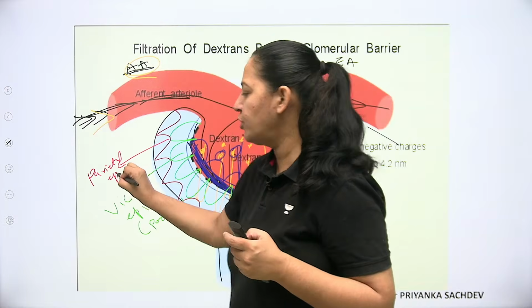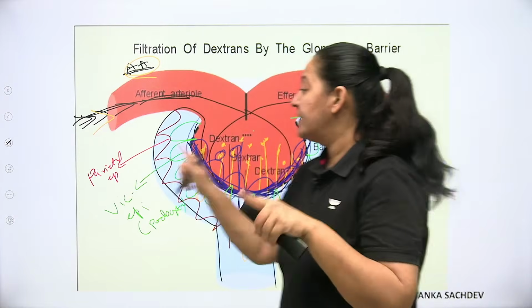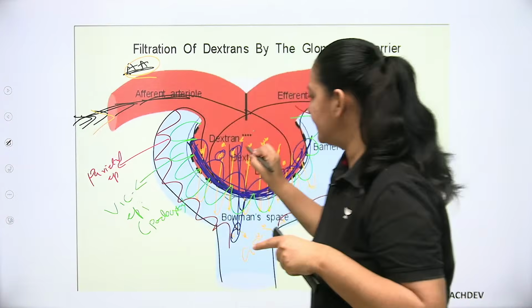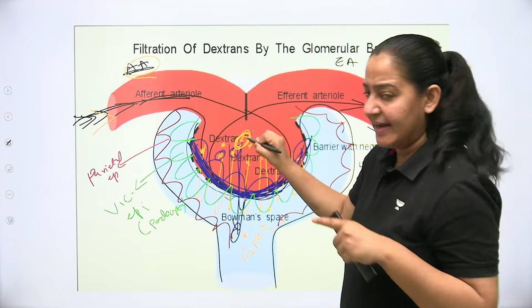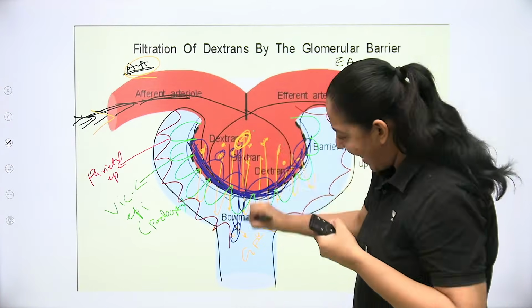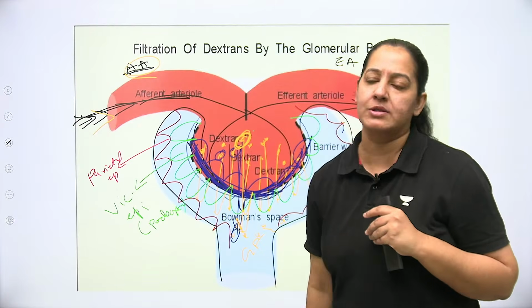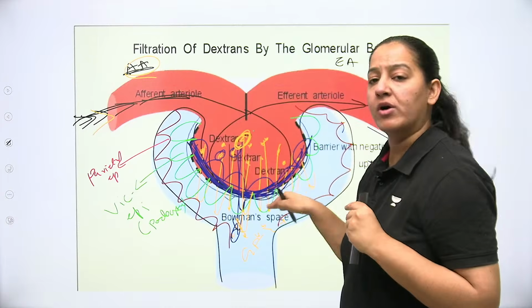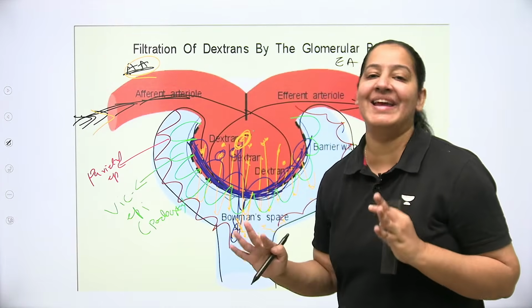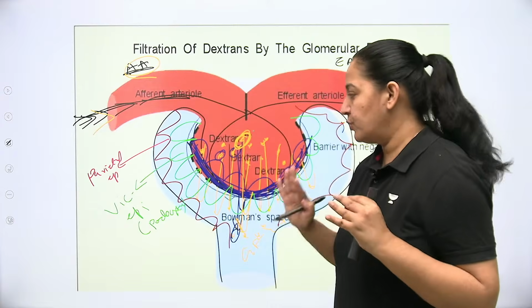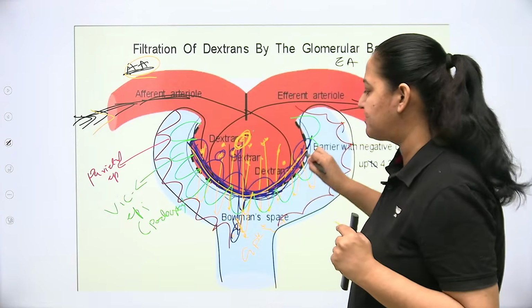Now you tell me, while a substance, this metabolic waste, is crossing the blood vessel and entering the Bowman's space, what three layers does it have to cross? The three layers which it has to cross form the barrier known as the filtration barrier. So you will say, ma'am, in the center there is a basement membrane.